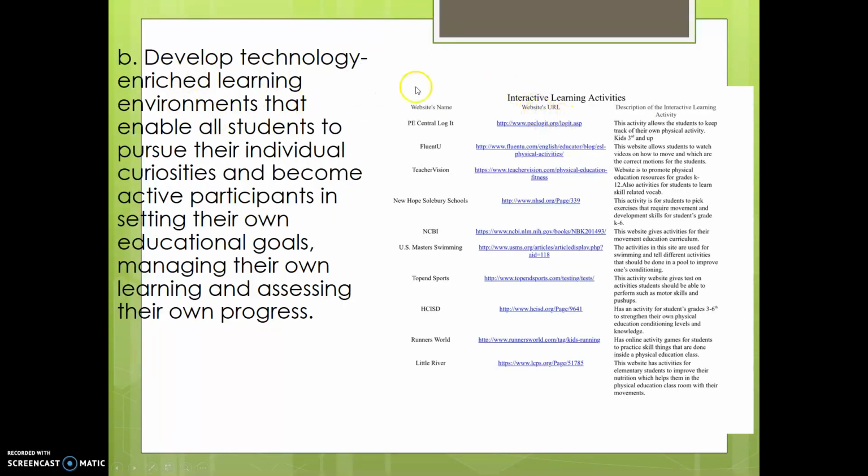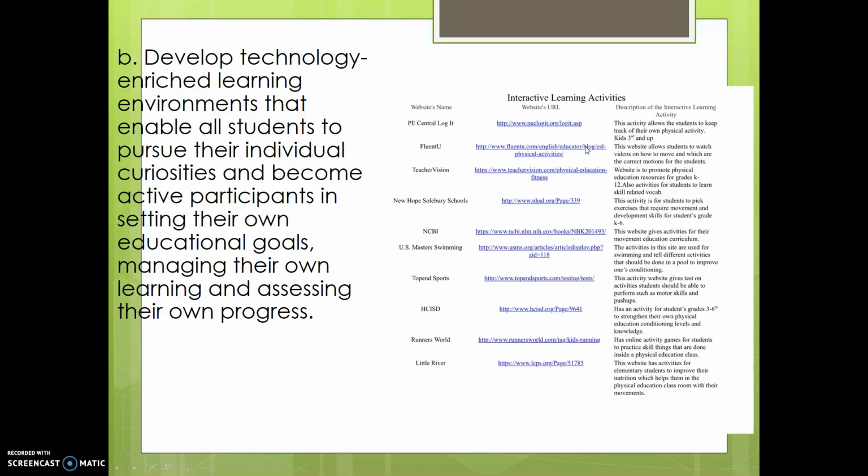Standard 2, Substandard 2. Develop technology-enriched learning environments that enable all students to pursue their individual curiosities and become active participants in setting their own educational goals, managing their own learning, and assessing their own progress. And these are interactive learning activities.